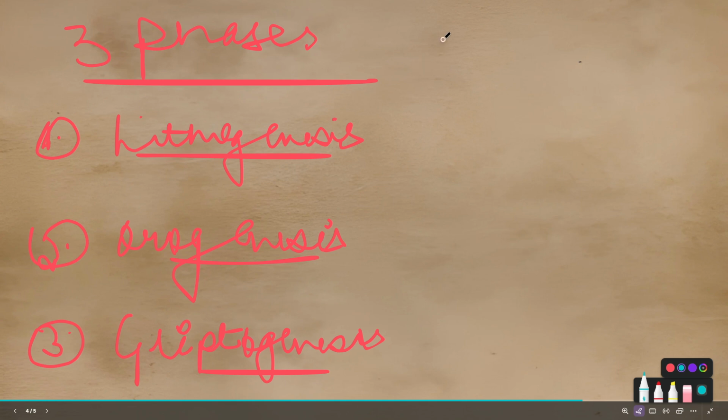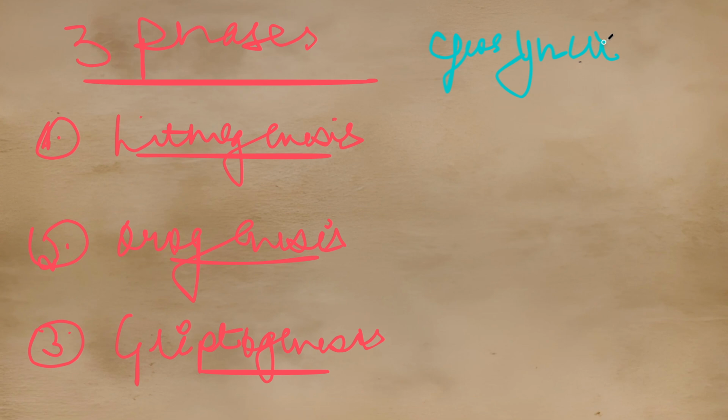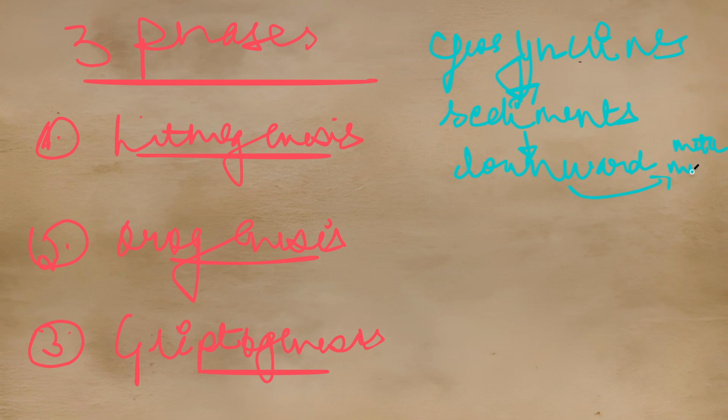So what happens in the first stage? Geosynclines form. Geosynclines, as we know how they form. These formed, and the sediments present in the geosynclines move downwards and metamorphose.